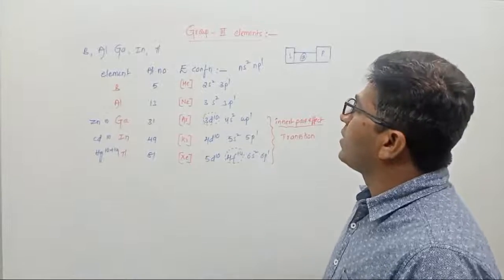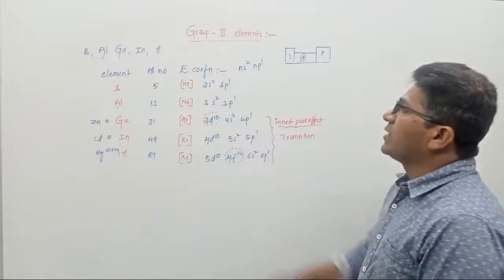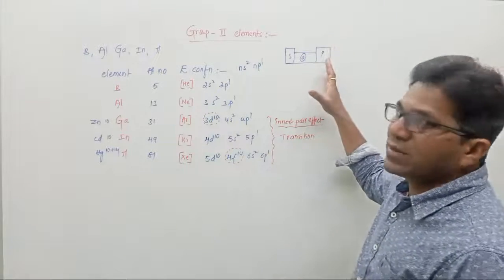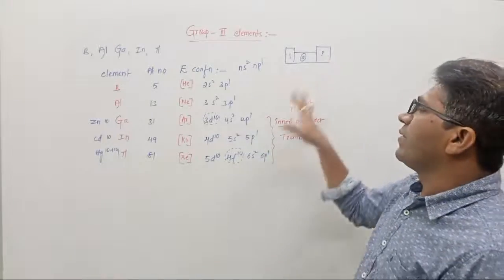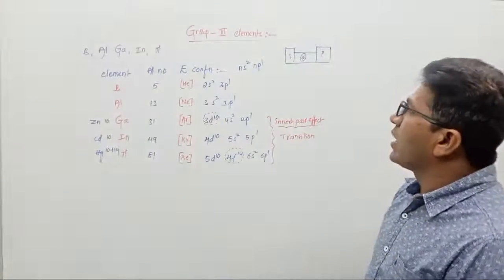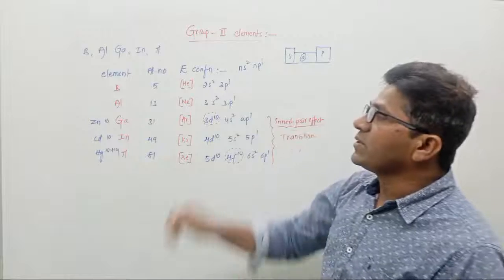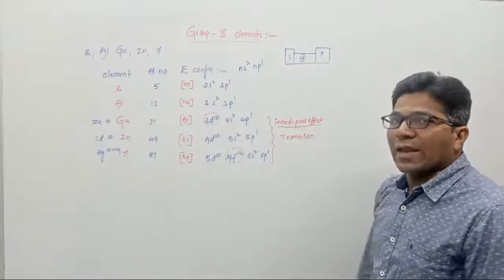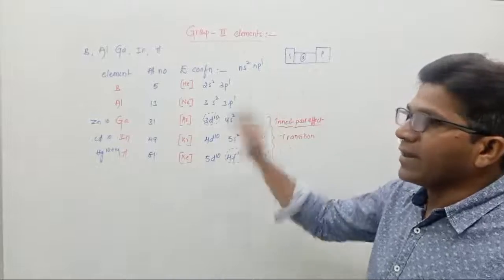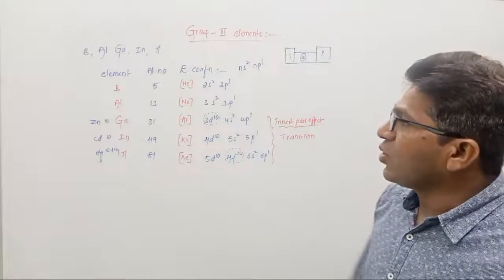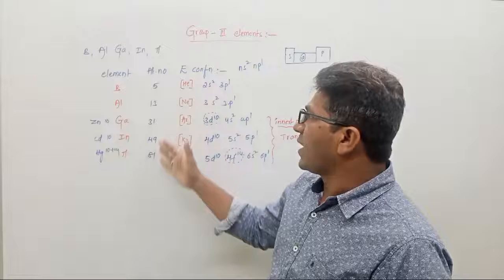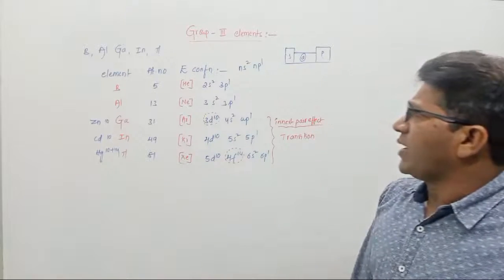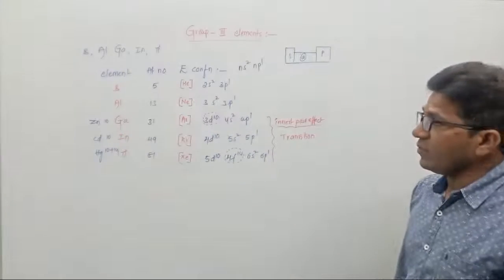Now, what are the third group elements? If valence electrons are entered into the p orbitals, the p orbitals are divided into 6. In that, the first one is third group elements. Third group elements are boron, aluminium, gallium, indium, and thallium. Next, go to element, its atomic number, and general electronic configuration.